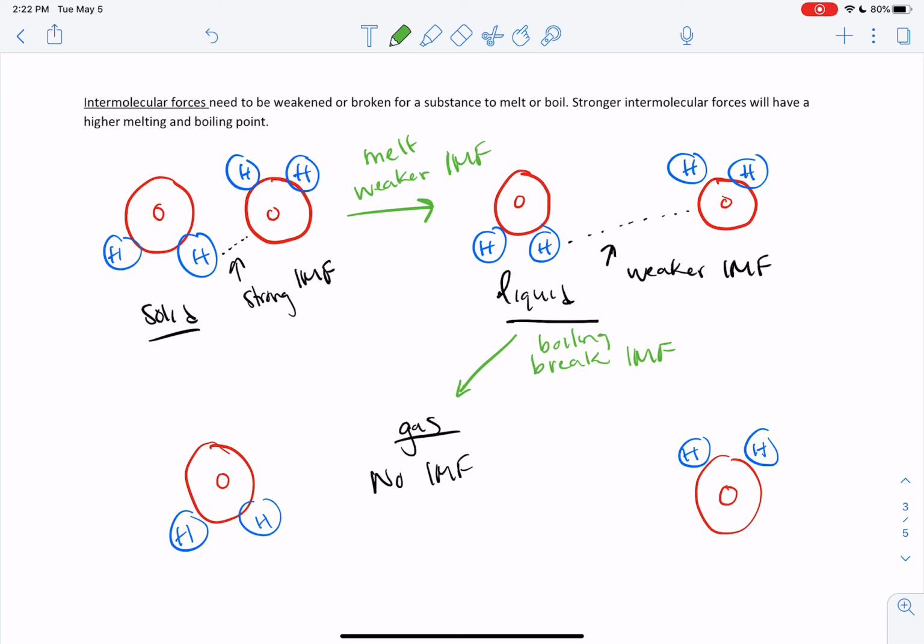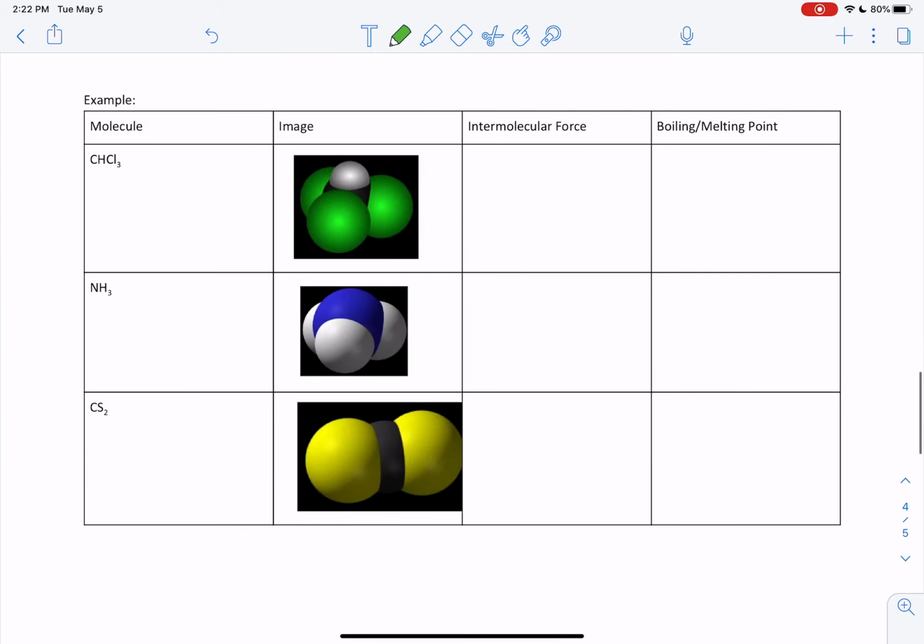And we can use this to make some predictions about what the melting and boiling points of different molecules will be. So let's do some examples here. Okay, we have CHCl3. So these are our H's here. This is our Cl.